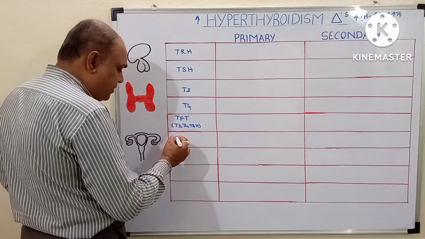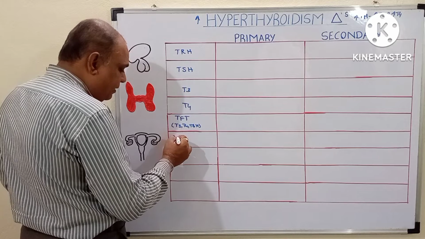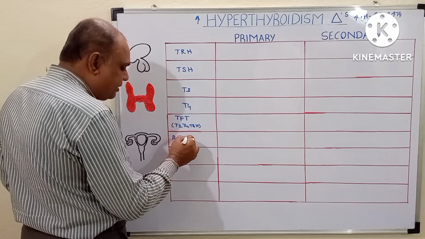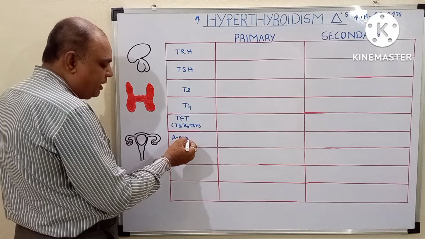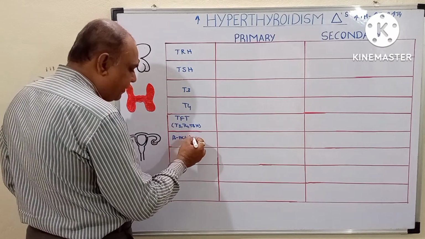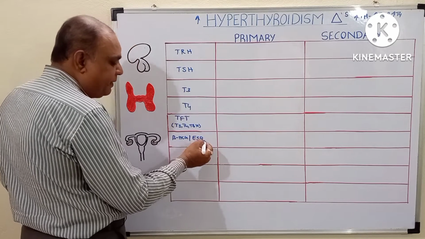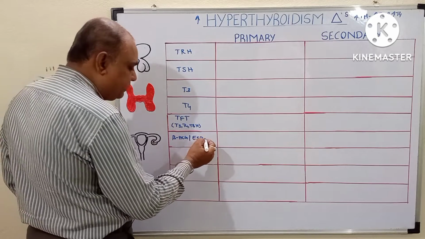The next investigation is beta HCG, human chorionic gonadotropin, and erythrocyte sedimentation rate, ESR.